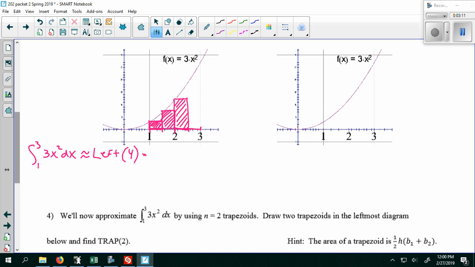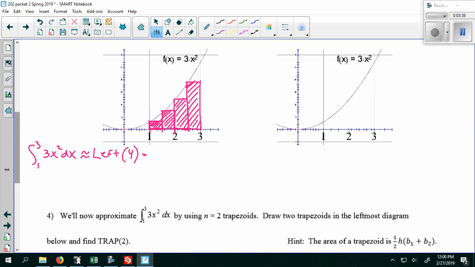And my fourth and last rectangle, over the interval from 2.5 to 3, I go up and find the height of the function f of x equals 3x squared at the left endpoint, 2.5 in this case, and that's the height of my rectangle. Okay, so I'm going to add up the areas of these 4 rectangles, and that's going to be an estimate of my integral.